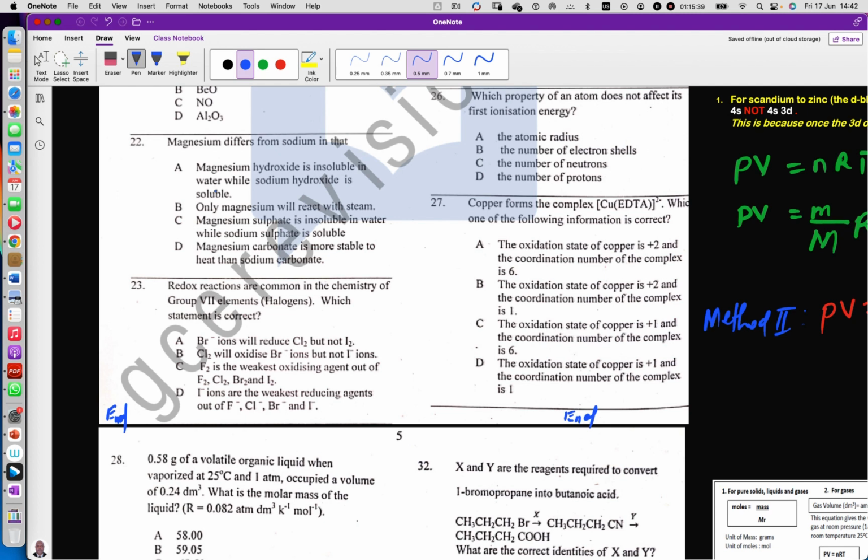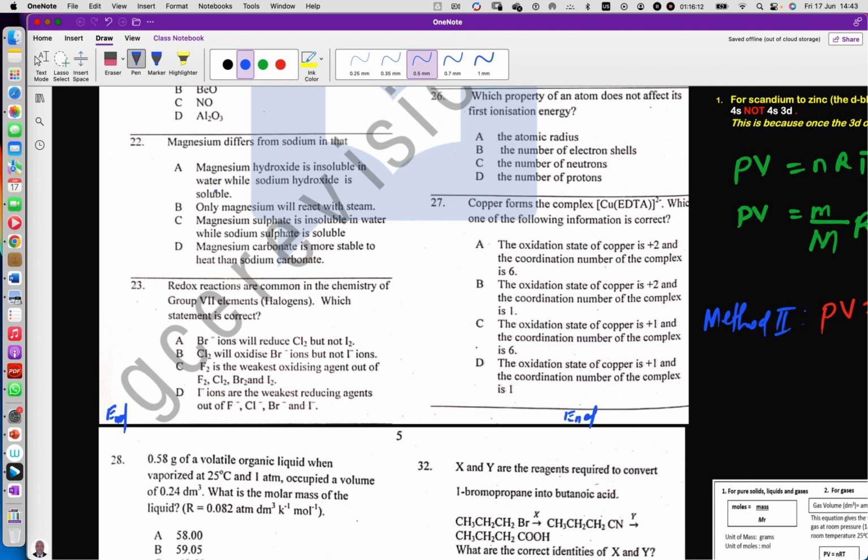There's something you have to know about redox in group 7. Let me just brief you before we go to the answers. It should be remembered that the oxidizing ability, or the ability to gain electrons, decreases down the group. An oxidizing agent is the one that gains electrons.